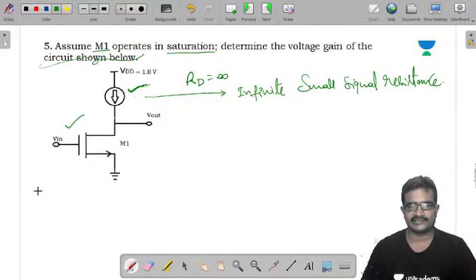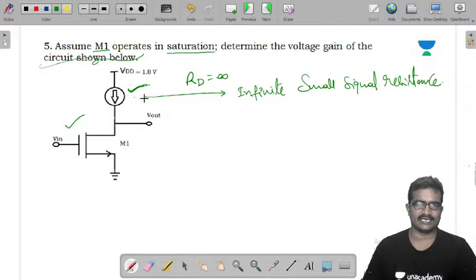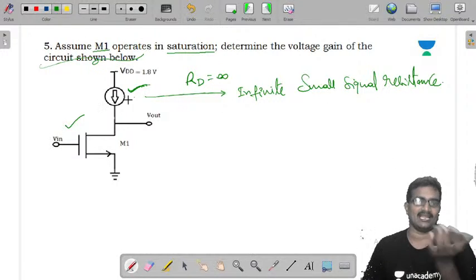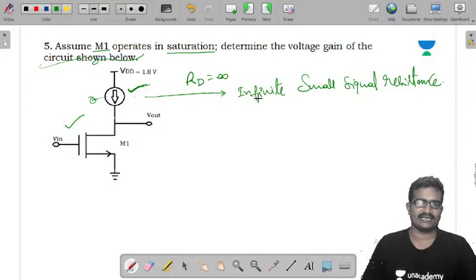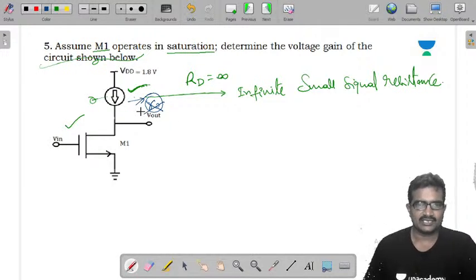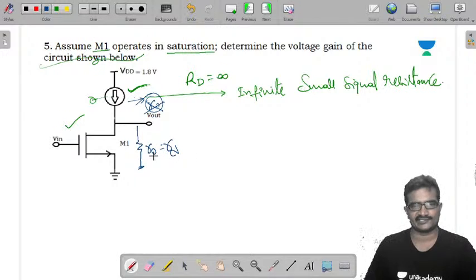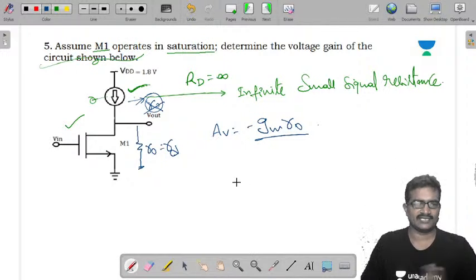Practically it gives something. Now this device is having some R0. Output resistance of this device is some R0. We call it the drain resistance. Now its voltage gain can be simply written as minus GM into R0. Simple. Otherwise, do the procedure.